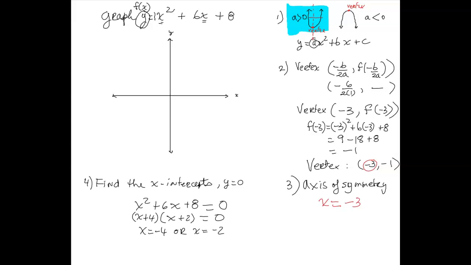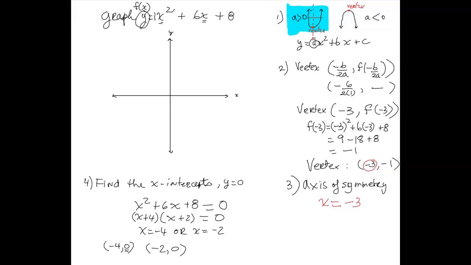All right, so those two values represent the x-intercepts, and we're going to write them as coordinate points, or ordered pairs. So it's going to be (-4, 0), because the y-coordinate is always 0. And then the other intercept is going to be (-2, 0).